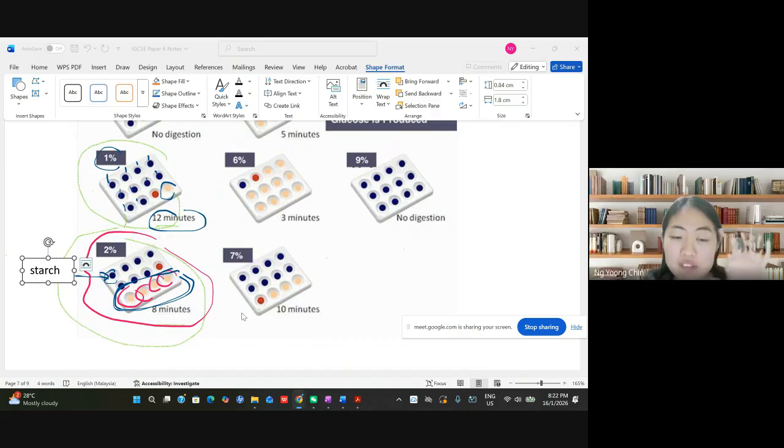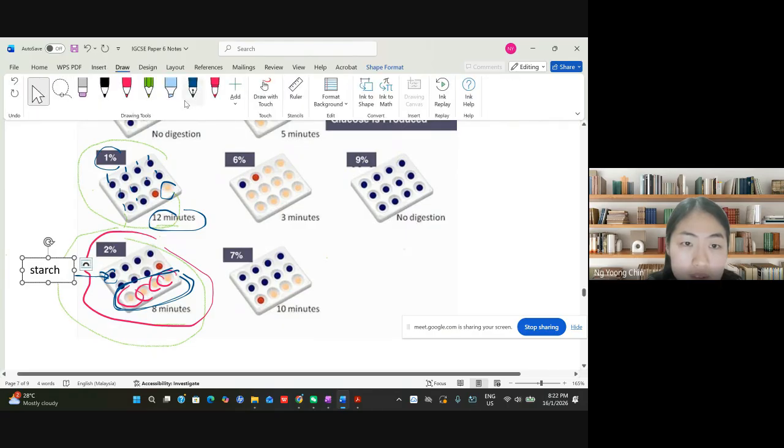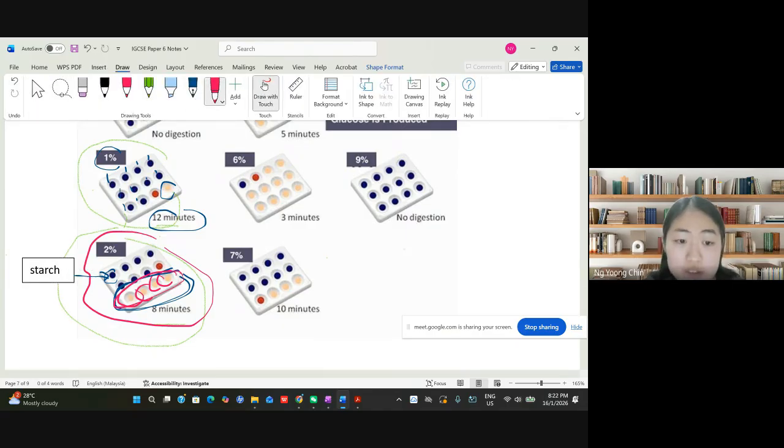Okay. Remember, the original color of the iodine solution is yellow-brown or dark blue? Yellow-brown. Yes, correct, original yellow-brown.